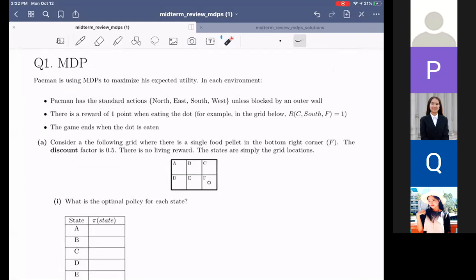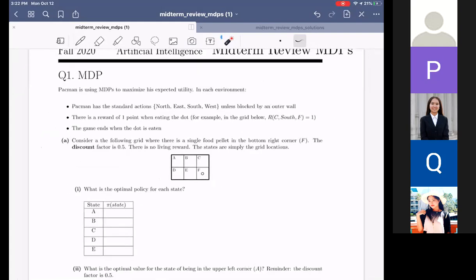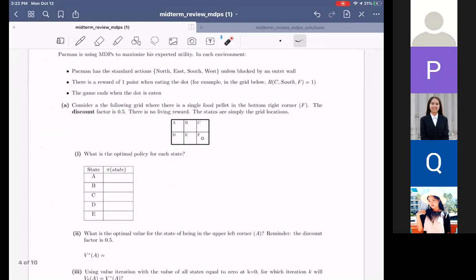So the first part of this is that we're considering this grid, and the discount factor is 0.5. We want to figure out what the optimal policy is for each state. So take a minute and try to figure that out.